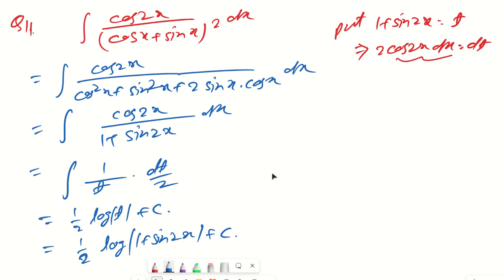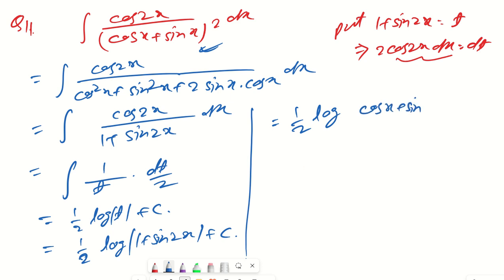Another way, if you want to simplify more, you can. 1 plus sin 2x we can write as (cos x plus sin x) whole square. So we have 1 by 2 log of (cos x plus sin x) whole square.